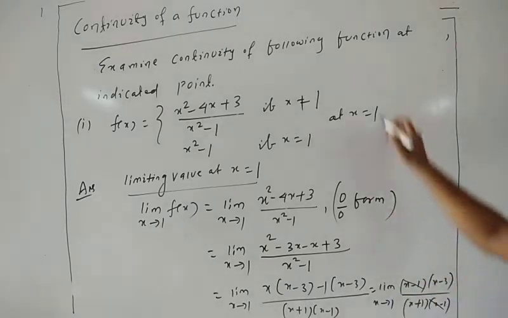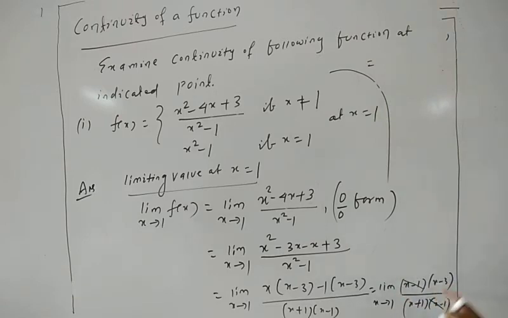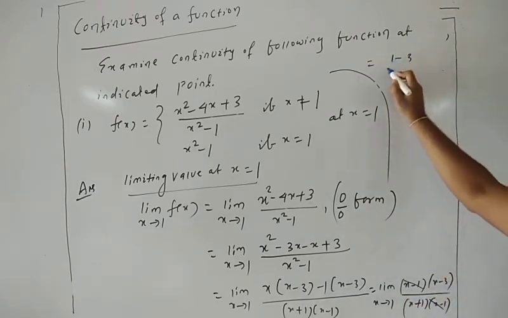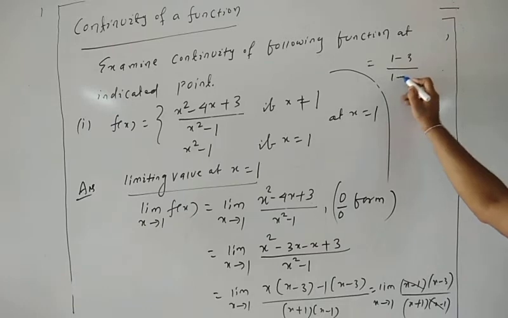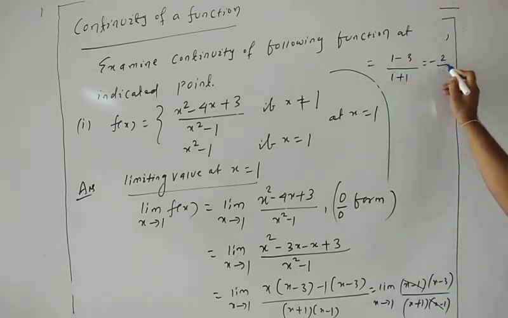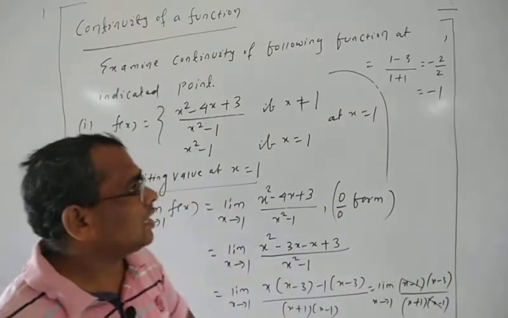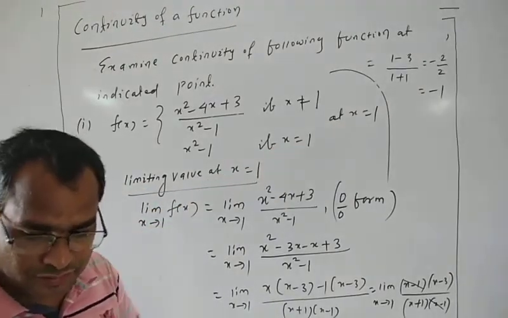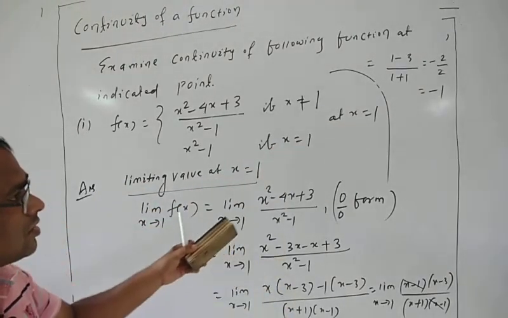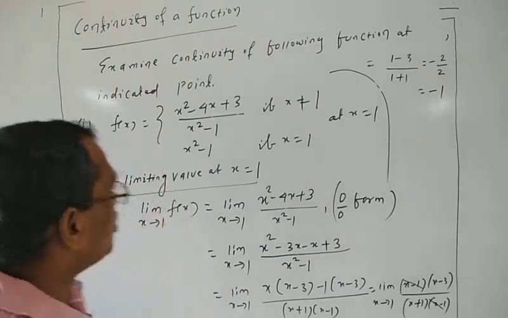So this is equal to (1 minus 3) by (1 plus 1), that is minus 2 by 2, and this is equal to minus 1. So the limiting value at x is equal to 1 is minus 1. Here the limiting value exists. If the limiting value exists, then you have to find the value of the function.